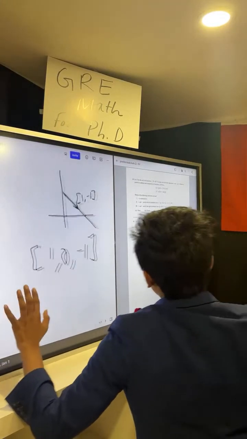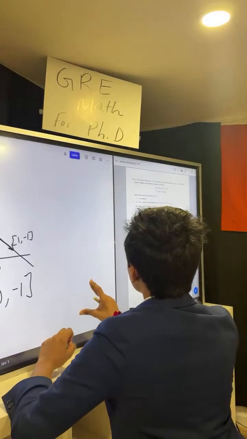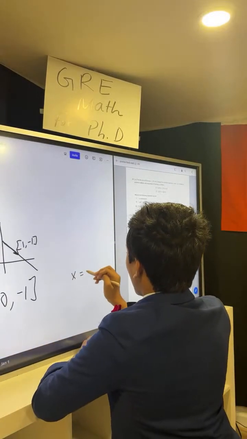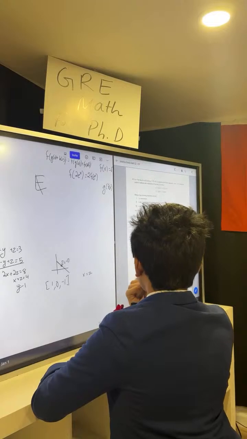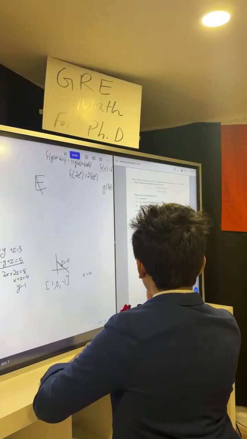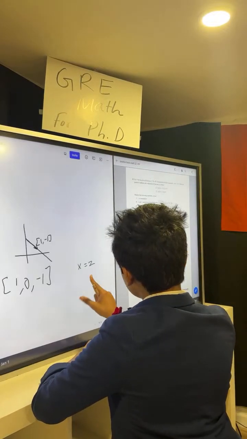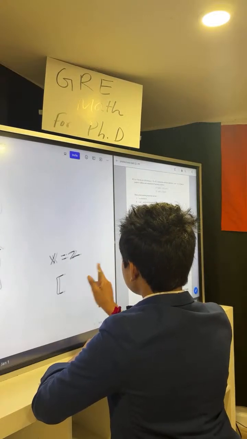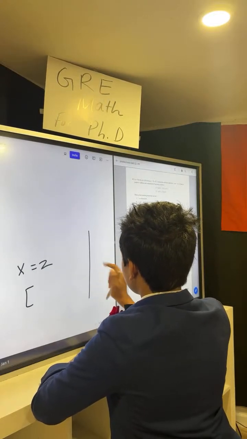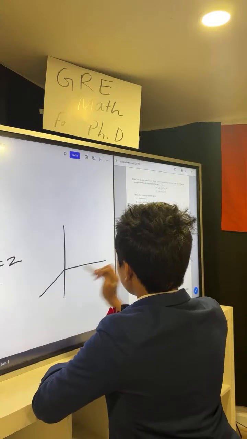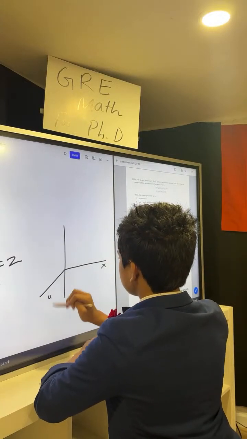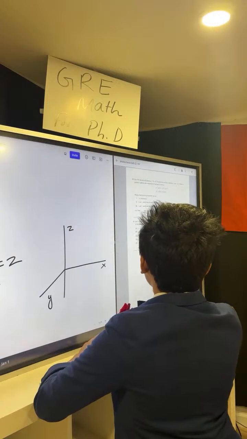Yeah, I guess we'll go through trial and error. X is equal to z, so that gives the vector... Let's look at it in xyz.